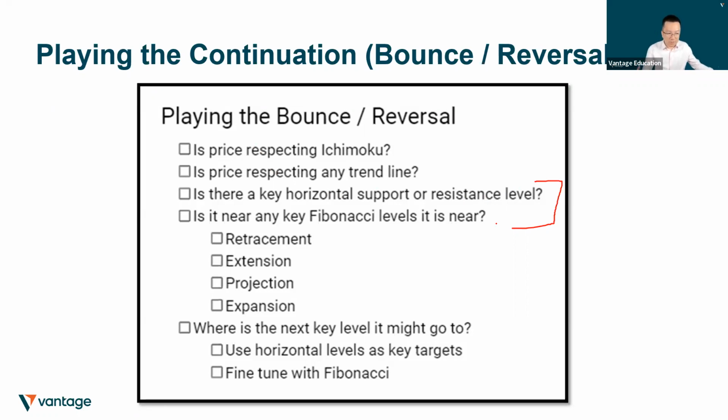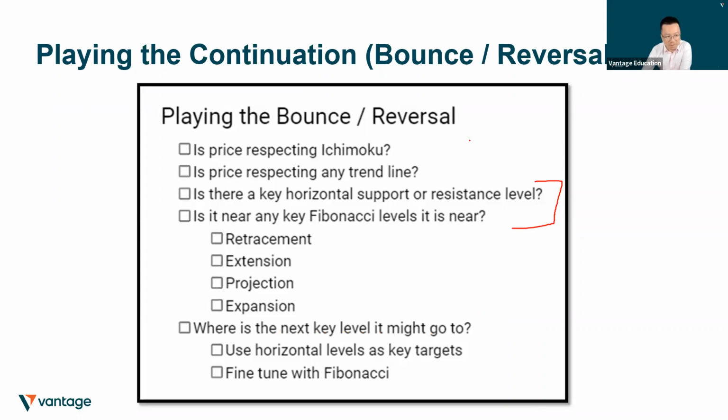So first, you're looking at Ichimoku, any cloud levels. Is it in, or is it below the cloud or above the cloud? Is it respecting any trend lines? Is it testing or coming close to a horizontal support or resistance level? And then, as importantly, where's the next key level it could go to, right?